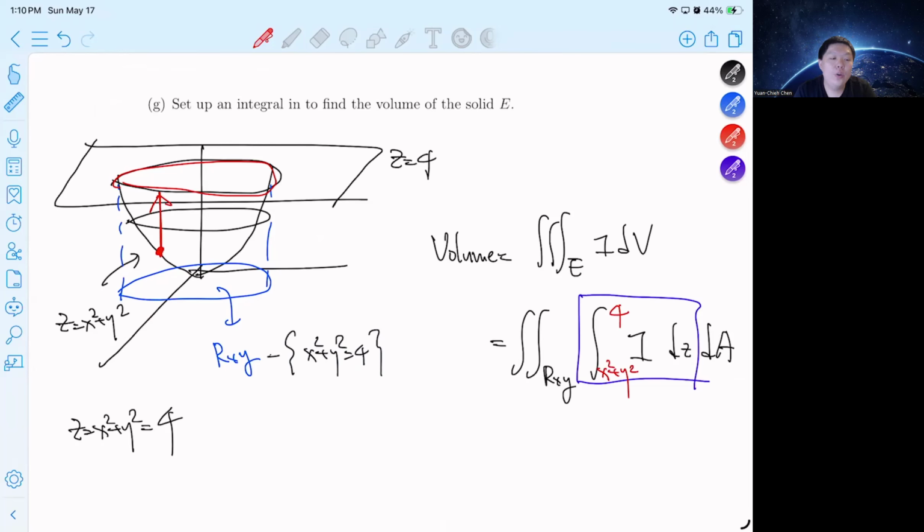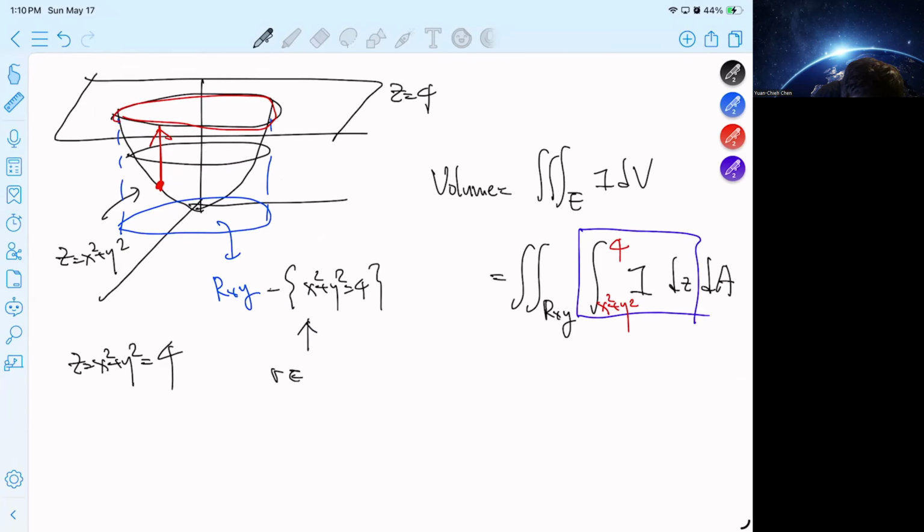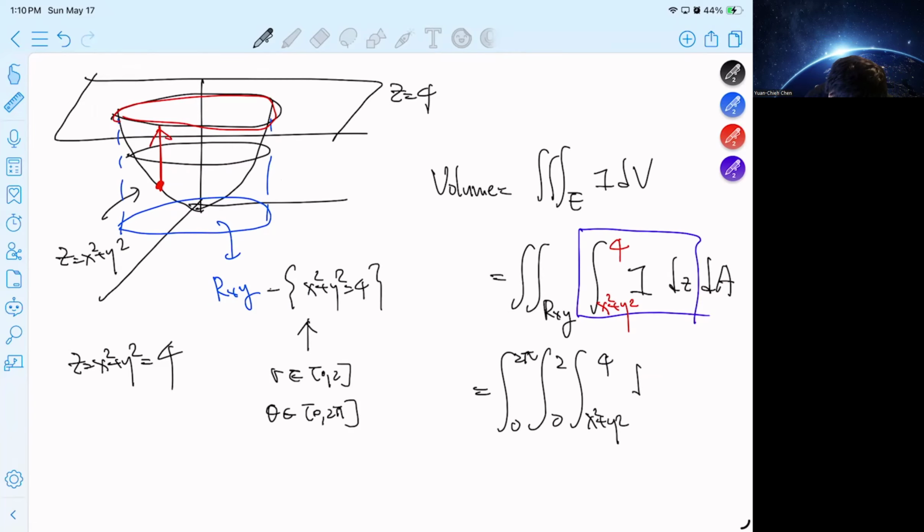In this case, r is from 0 to 2, and for the whole circle, theta is 0 to 2 pi. So it's a rectangle, but usually I just write r first. So z goes from r squared up to 4. But be careful, for cylindrical coordinates, we need to add an r. So it will be r dz dr d theta. And that's it. I think this is even doable, but I'll just skip that here since the question only asks to set up the integral.